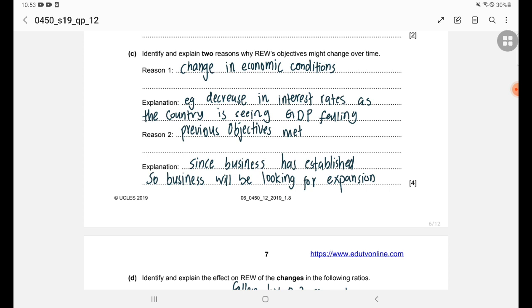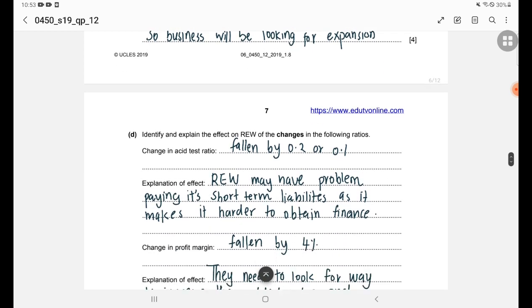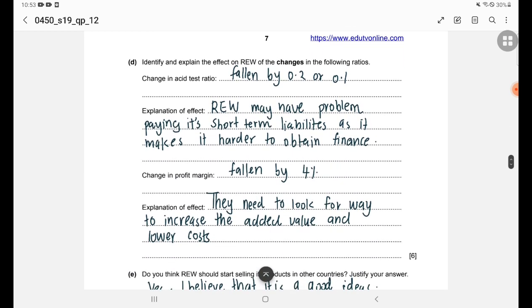All right. Next, part D. Identify and explain the effect on RAW of the changes in the following ratios. So first we have the change in acid test ratio and then change in profit margin.